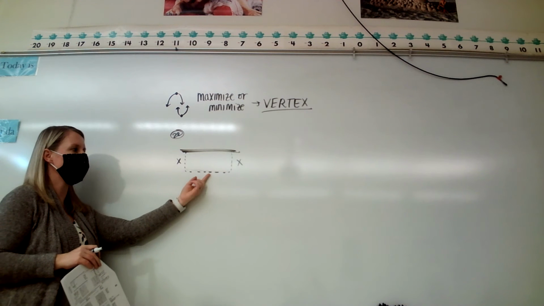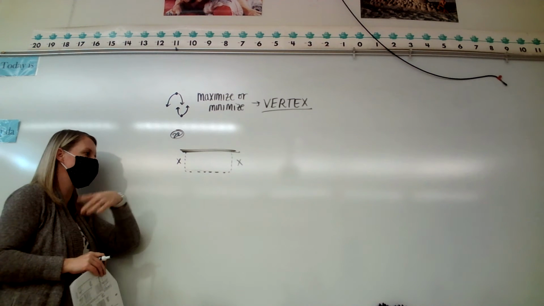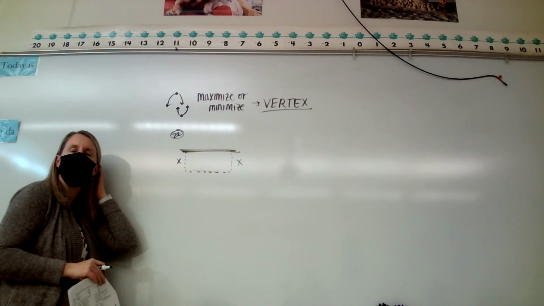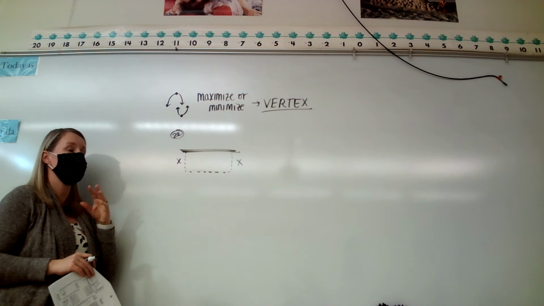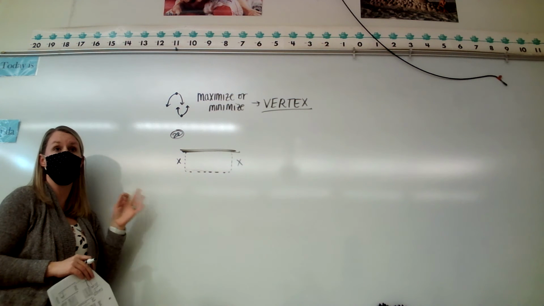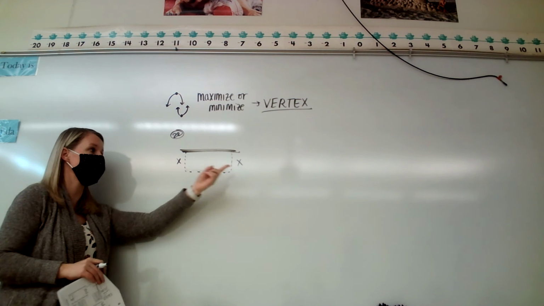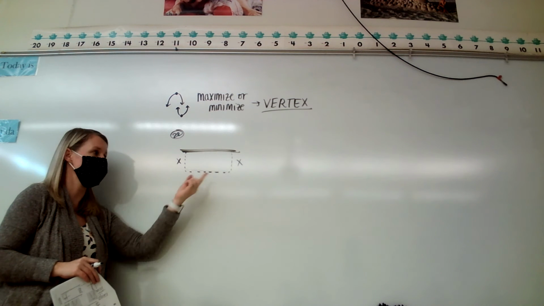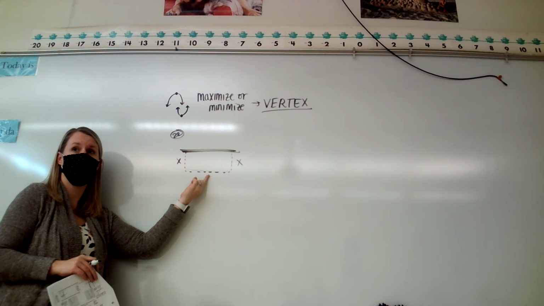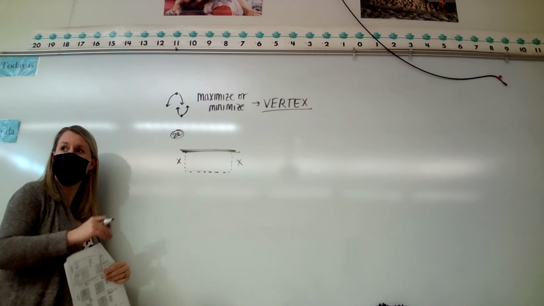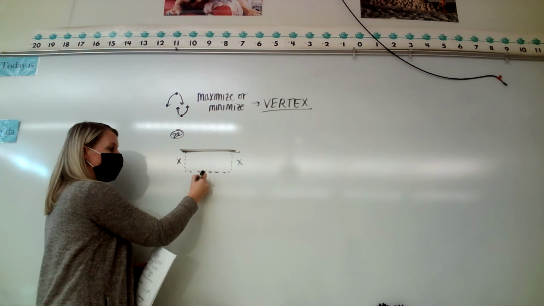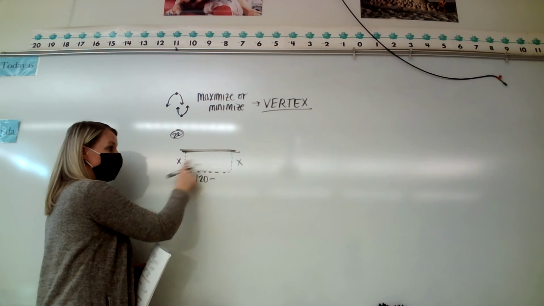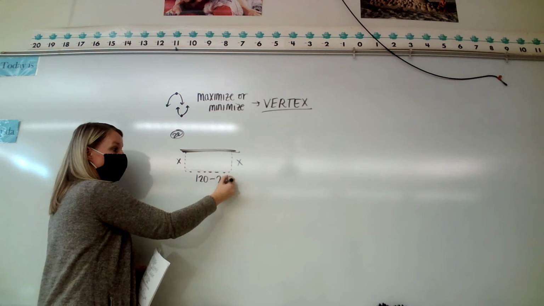Now we need to figure out how to write this side of the fence, right? So we know that the fence, we have 120 feet of fencing. We know this side is X and this side is X. Does anyone have an idea of how I write this side? 120 total minus these 2 sides, which I'll just represent 2X.